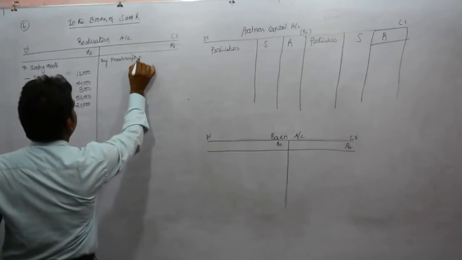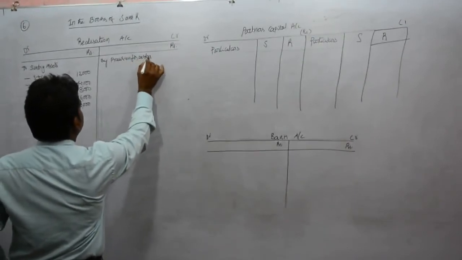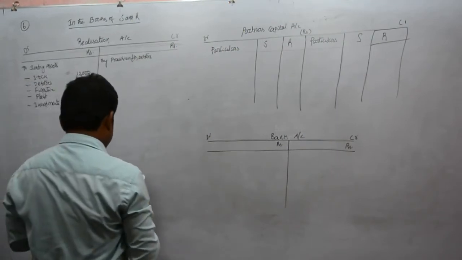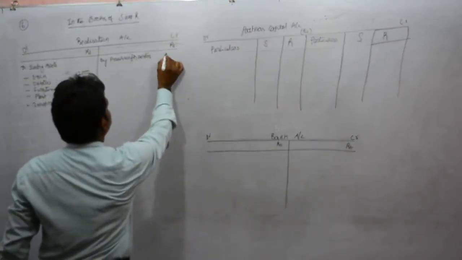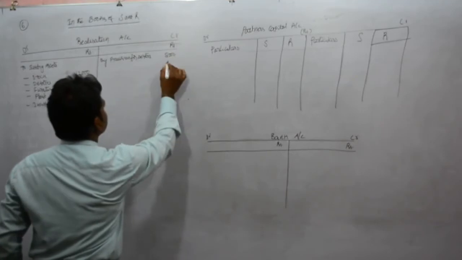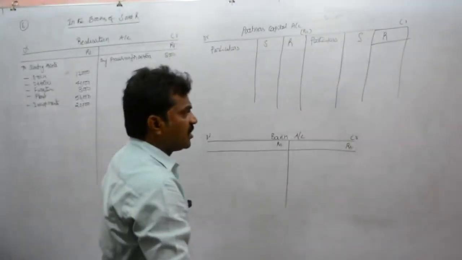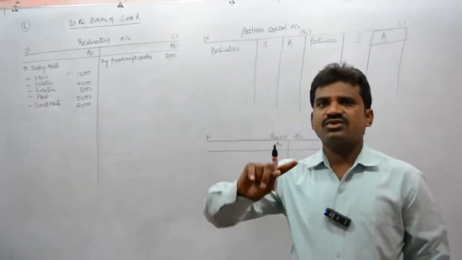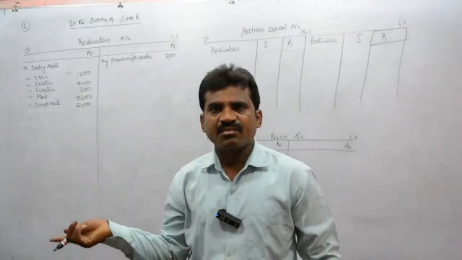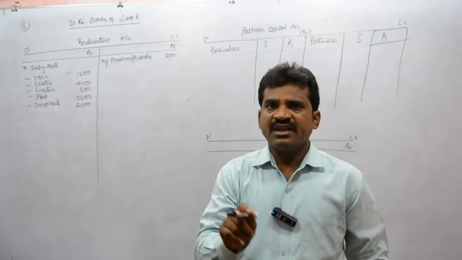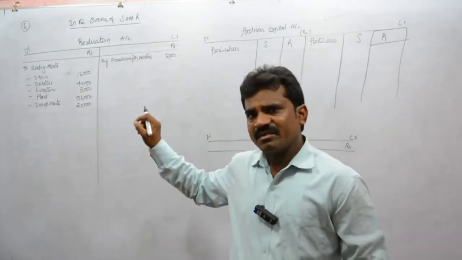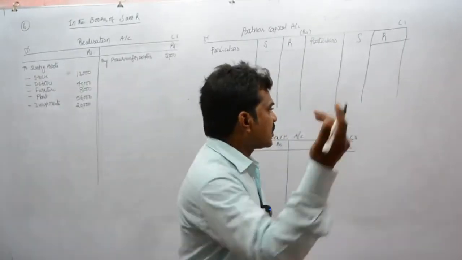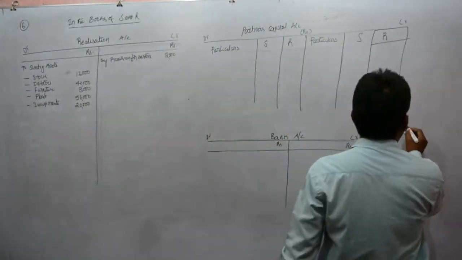Provision for debtors, what is the amount? That is 2,000 rupees. See, in the case of creditors, we can transfer the total creditors to the credit and the payment of creditors to the debit. The net effect will be in the realization account, or otherwise you can prepare a working note.